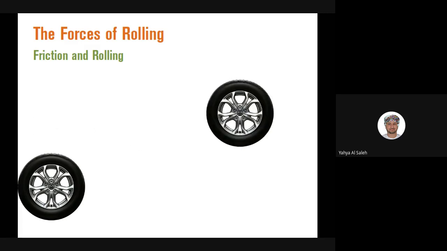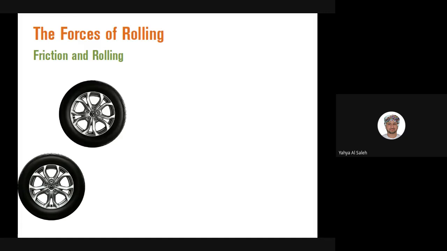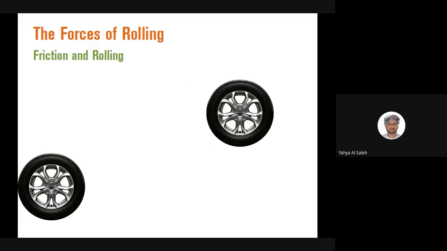We have a rotating tire. Please tell me at least some of you have played with rotating tires when you were kids. Putting a stick through a tire and just rolling it around. Okay, so I'm not that old. Yeah? Good.